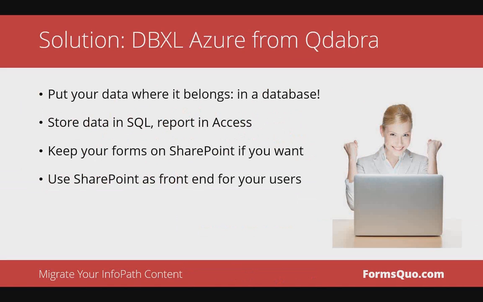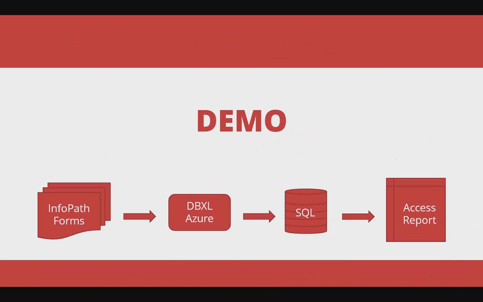Let's take a closer look at DBXL Azure. Here is a schematic showing you essentially how DBXL Azure works. Your users submit data inside InfoPath forms. This data is submitted to DBXL Azure, which in turn extracts the form data and stores it inside a SQL database that you have created.